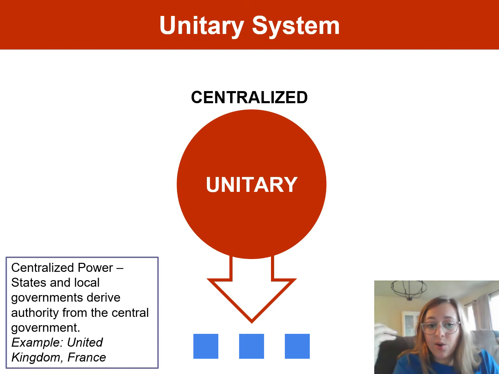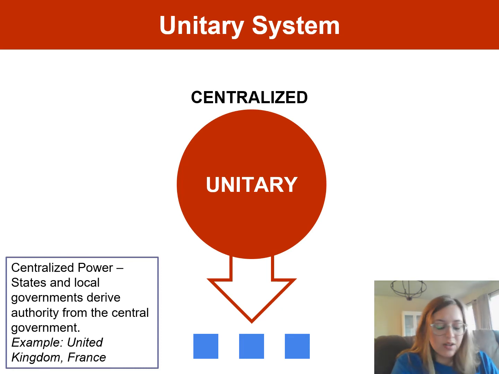They do not have their own set of powers. They're just there for the convenience of their constituents. There are tons of examples of unitary systems, but some modern unitary systems include the United Kingdom and France. Like I said, today this is still the most common system in the world. So state governments and local divisions of government really don't have any power in this unitary system.